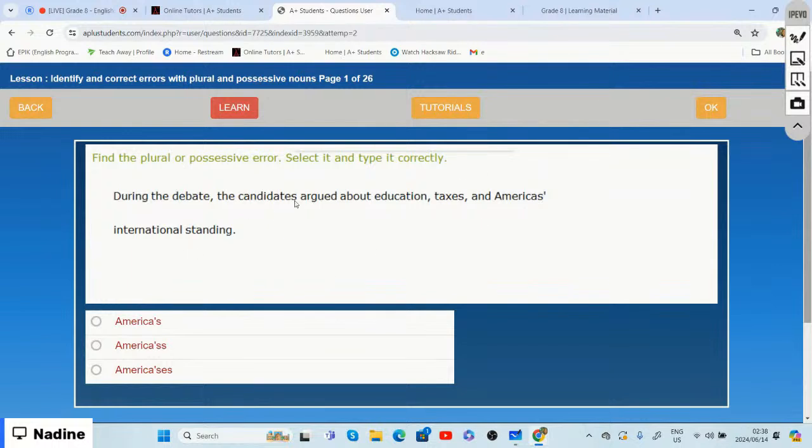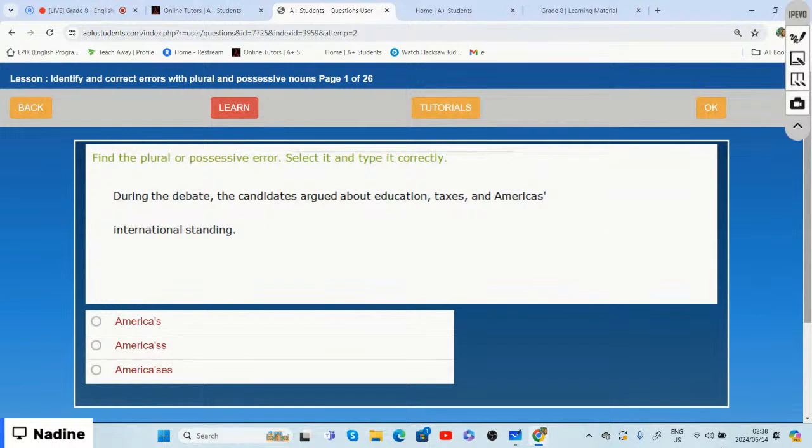We need to choose the correct word to fix a word that is incorrect.